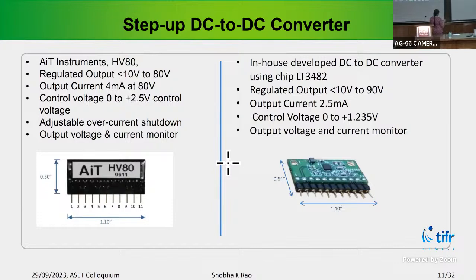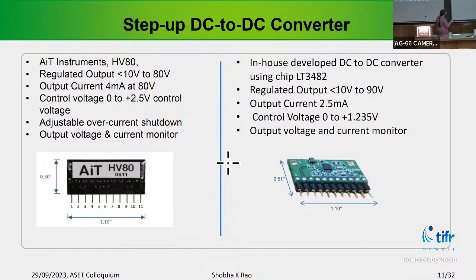And this is the current capacity that each DC-DC converter can give us, and this voltage can be set through this control voltage from 0 to 25. Of course, this has overcurrent shutdown and voltage and current monitoring facility.